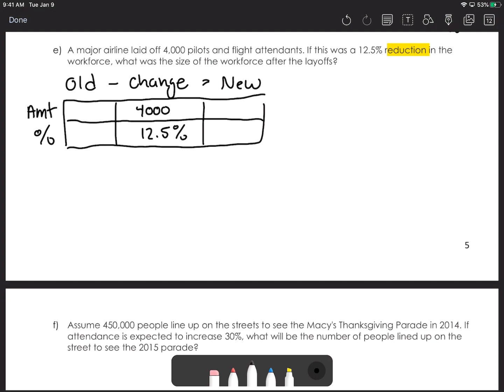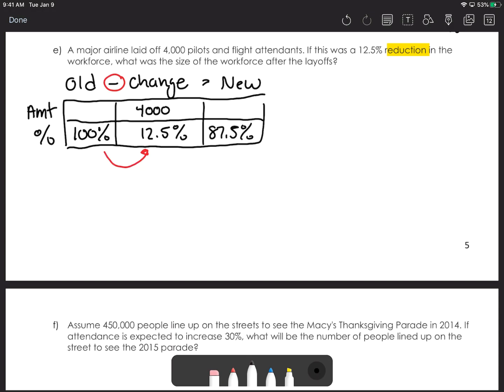Now we know the old value in terms of percent is always going to be 100%. Which means for this example, since I've got a subtraction, I'm going to take 100 minus 12.5%, and that's going to give me 87.5% for the new value.